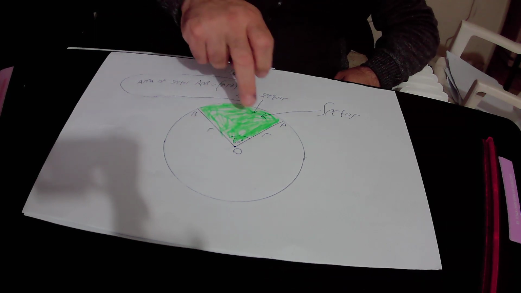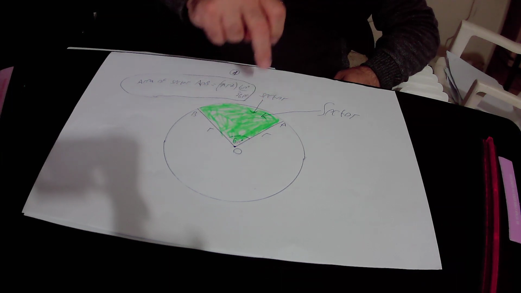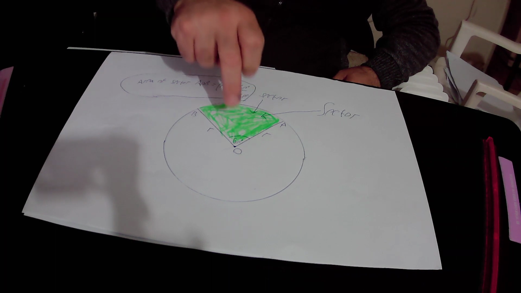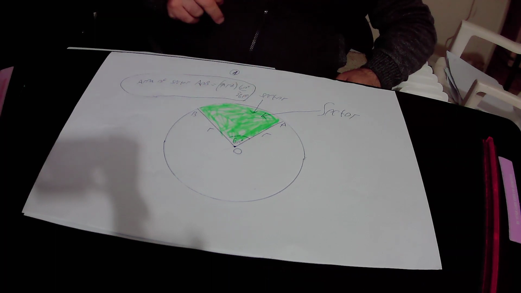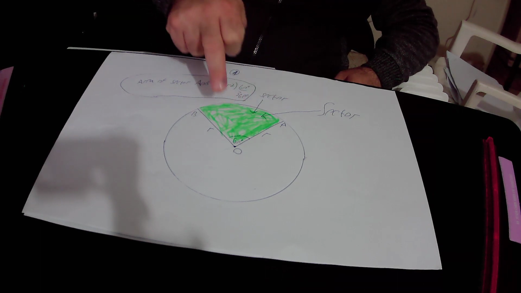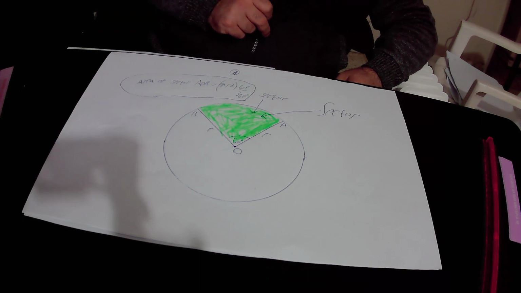In our case, the angle between the two radiuses is 60 degrees, so the area of this sector equals pi r squared, where r is the radius of this circle, times 60 degrees over 360 degrees.